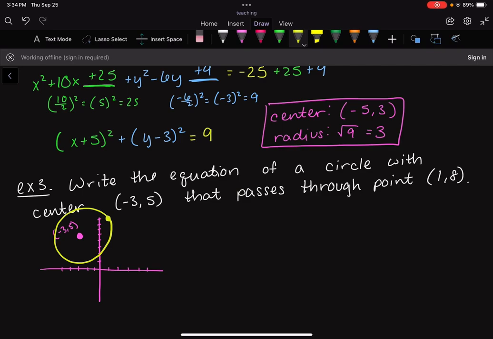And so right now, if I write my formula, I have x minus h squared plus y minus k squared equals r squared. Well, I know that my center is h, k, so I'll put that in. So I get x minus negative 3, y minus 5.